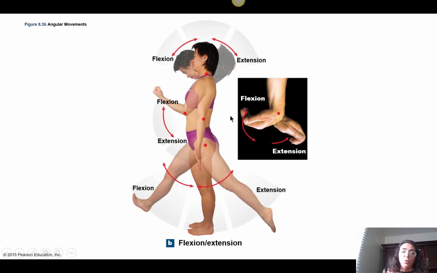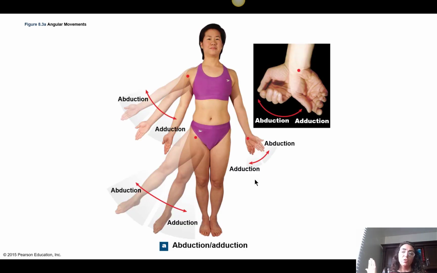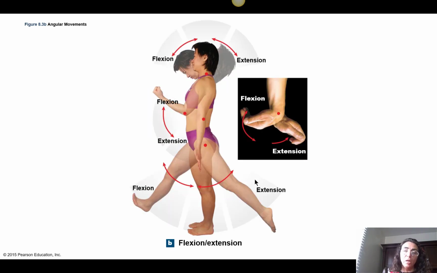Now, if you look from this angle, you see the movements are in the sagittal plane, right? The plane that is passing anterior to posterior. You remember the previous one was the frontal plane that passes side to side. Now this one is the sagittal plane that passes anterior to posterior.